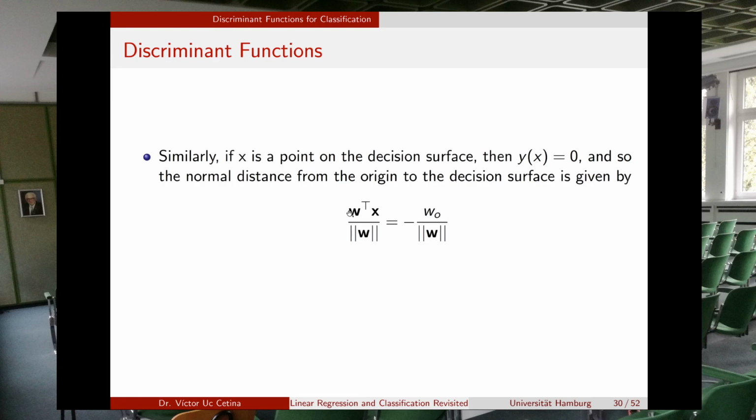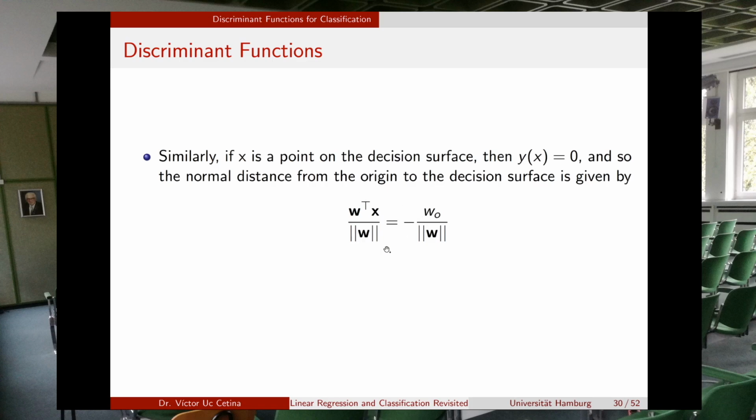And when you multiply that unitary vector by x, what you're doing is projecting this vector onto the direction of w. And then you are computing the distance from the origin to the point x. I will show this in the next slides.